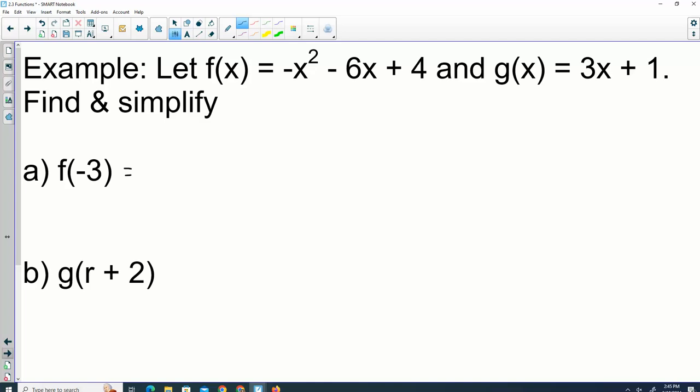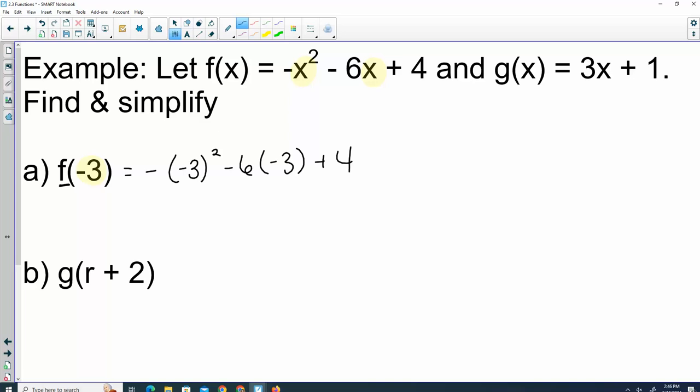Alright, we go to function f, and I am replacing my x with negative 3. So that means all of my x's become a negative 3. So order of operations, first we do the negative 3 squared, which is negative 3 times negative 3 is positive 9.